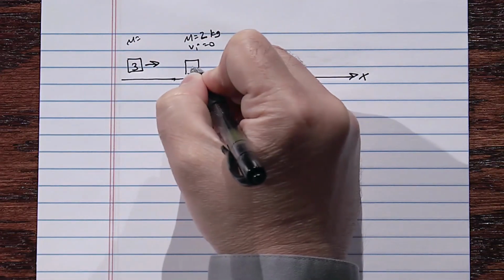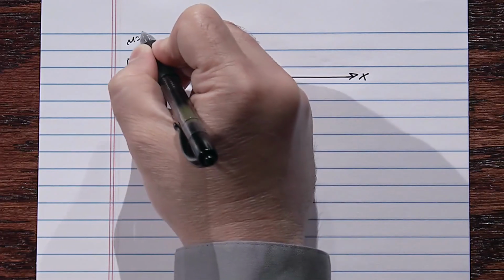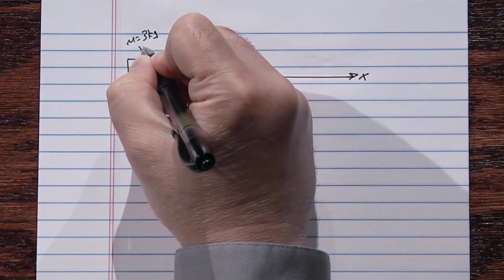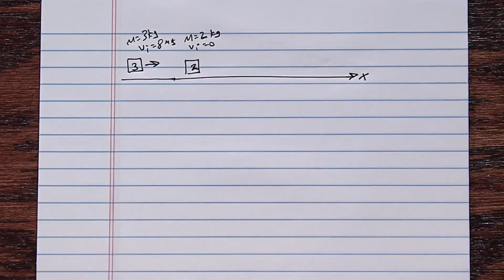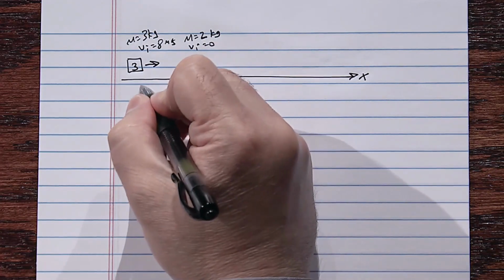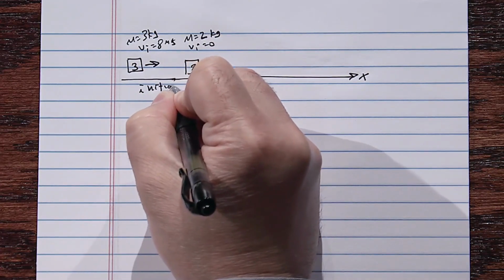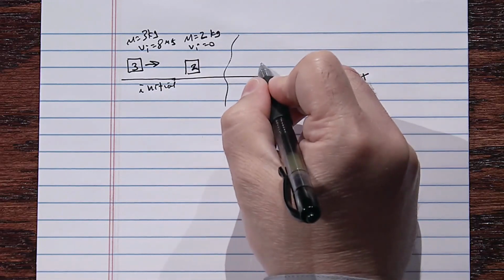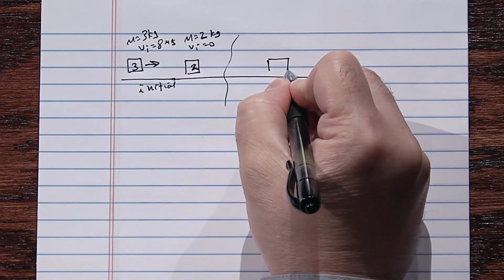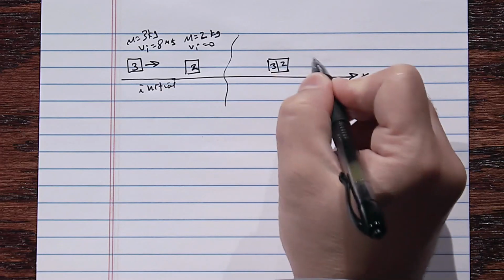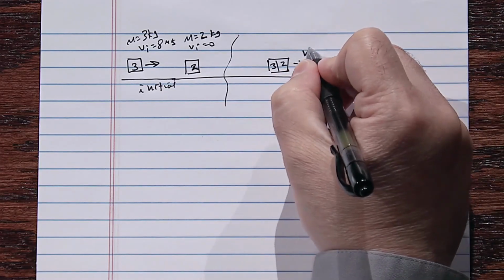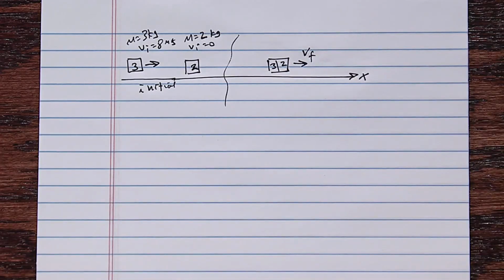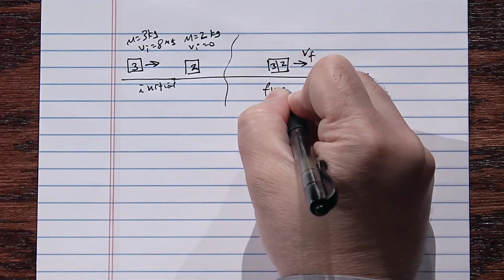Mass is equal to 3 kilograms, moving at V initial is equal to 8 meters per second, collides with it. Okay, so that's our initial situation. And our final situation is that they stick together. 3 and 2 stick together, and they're moving with some velocity, V final. That's our final situation.